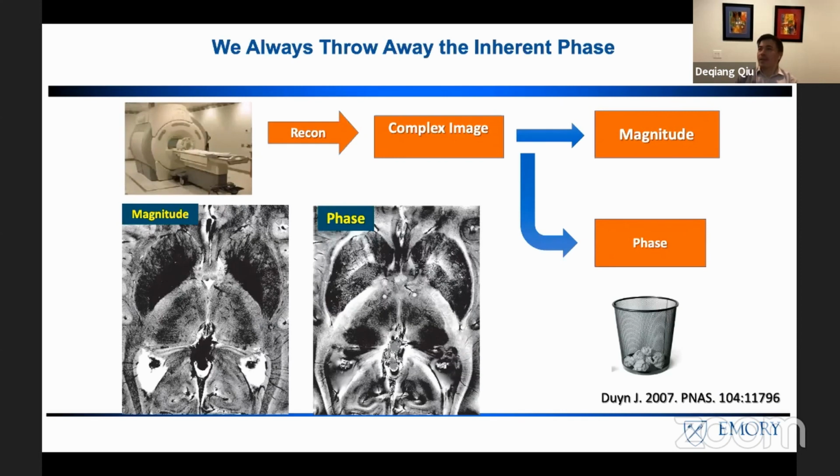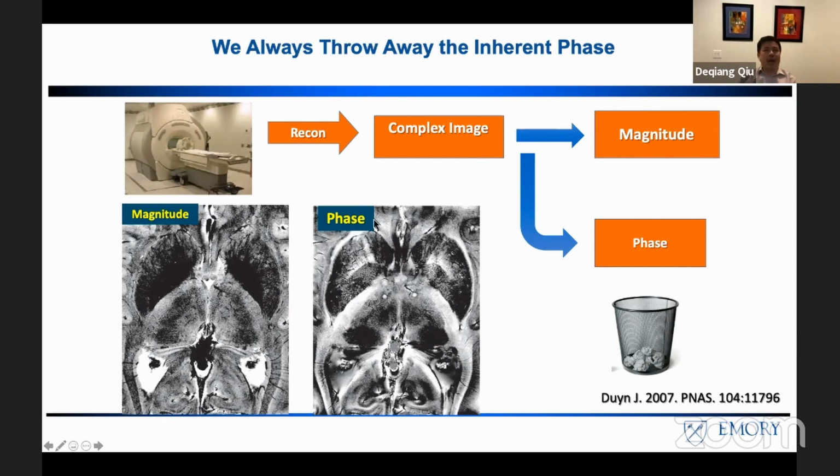So if you look at how MR images are acquired and saved, we usually use an MR scanner and acquire some data, and we perform reconstruction to get the complex valued images. And then we usually take the magnitude images and send those to the PACS system for radiologists to review. And then most of the time we throw away the phase images. Here you can see a comparison of the magnitude and the phase images acquired at 7 Tesla.